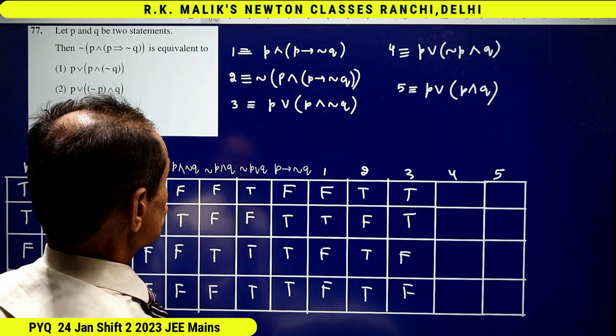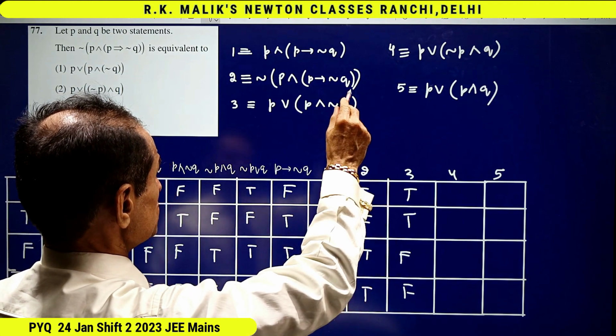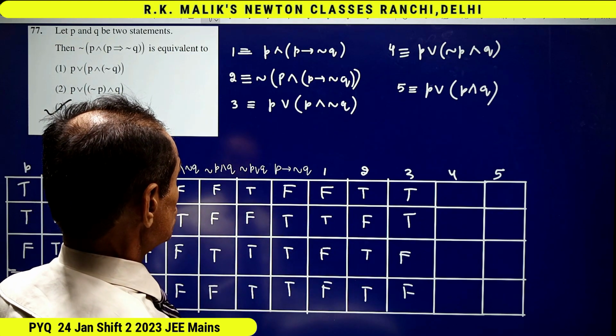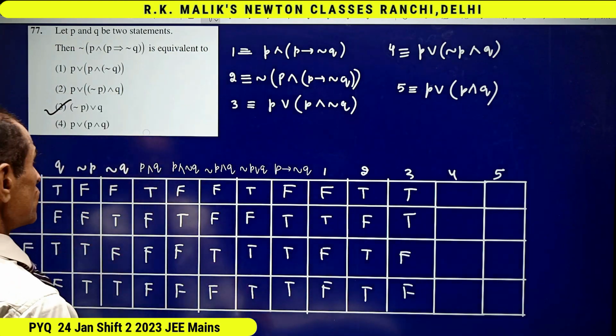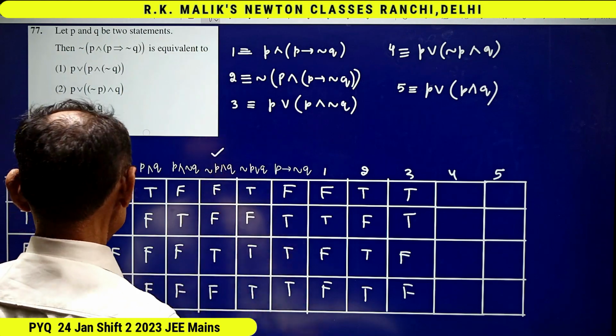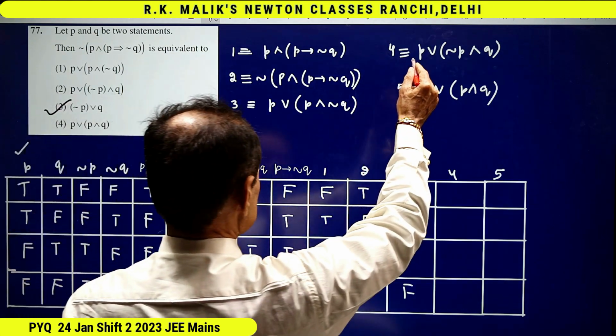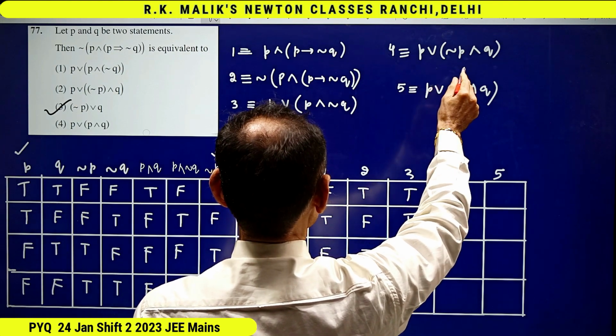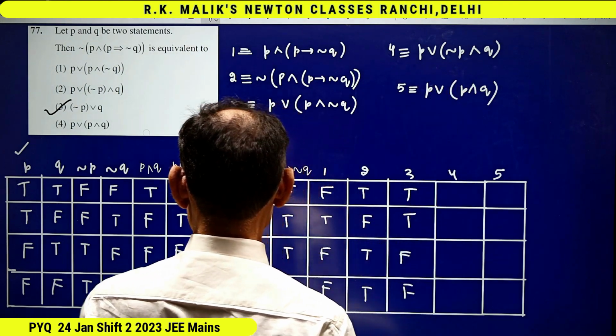Now to make the truth table of 4, that is P or negation P and Q. And we know that in or, this is false only if both are false, otherwise it is true.